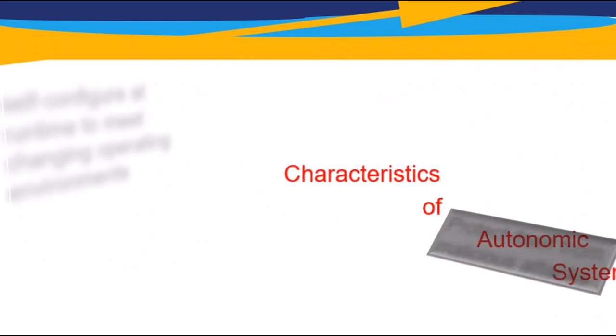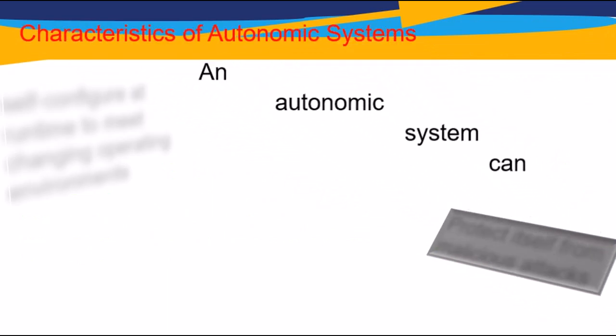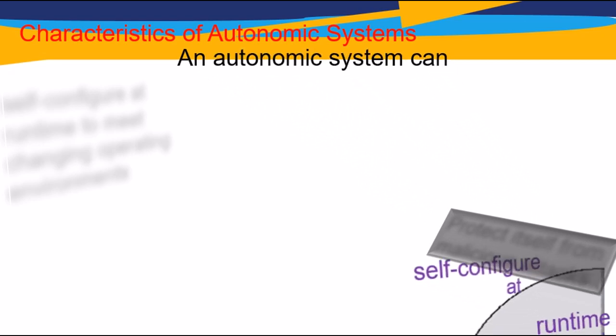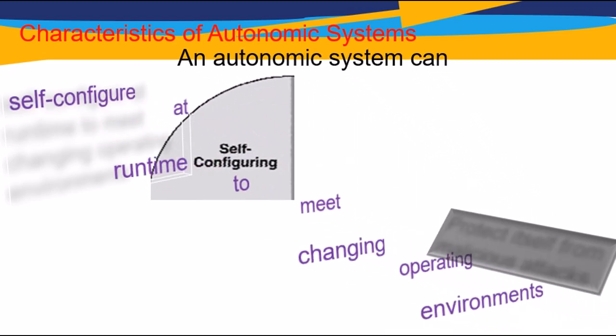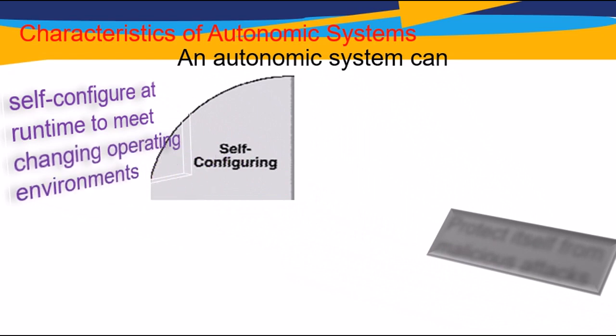And now the characteristics of autonomic systems. Autonomic systems can be self-configuring at runtime, to manage changing operating environments.